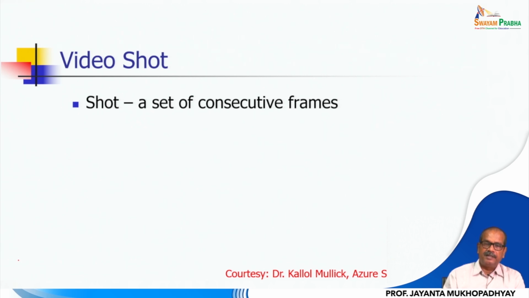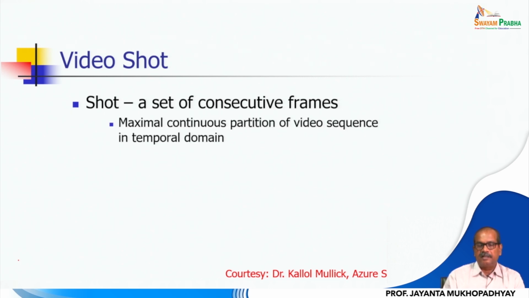So the next thing I would like to discuss is shot detection in a video. So let us first try to understand what is meant by a video shot. A shot is a set of consecutive frames of a video, and it is a maximal continuous partition of a video sequence in the temporal domain.